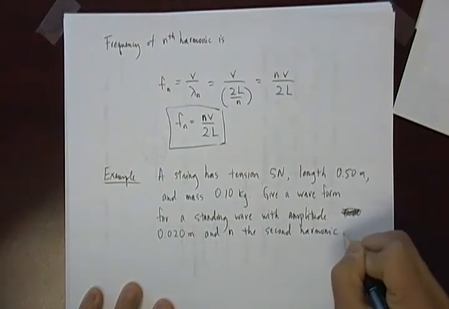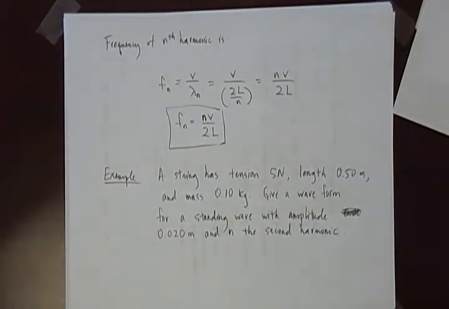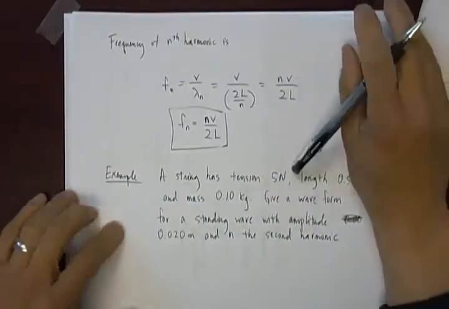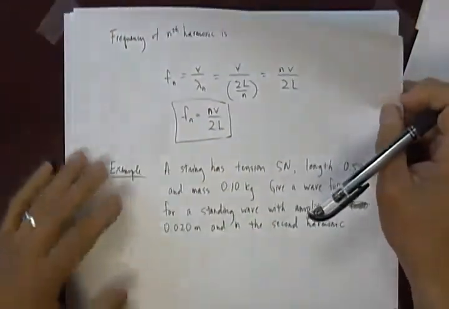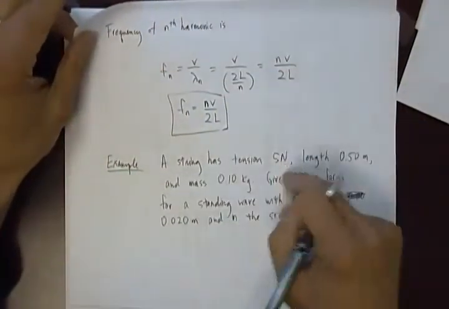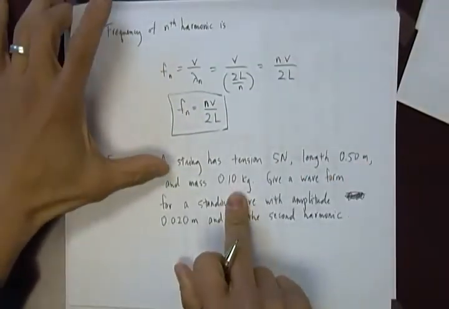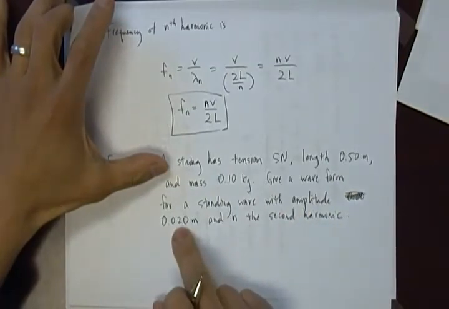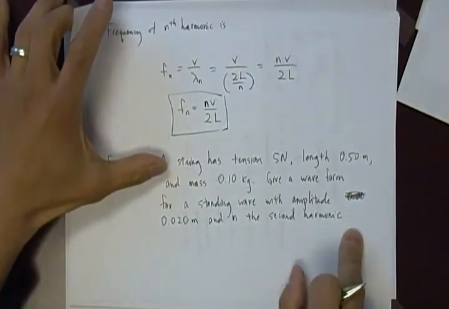That's kind of a tough question. That's actually testing quite a lot here. But it's a good kind of review problem that ties everything together. So you know the tension, you know the length, you know the mass. Give a waveform for a standing wave with amplitude 0.020 meters and in the second harmonic.